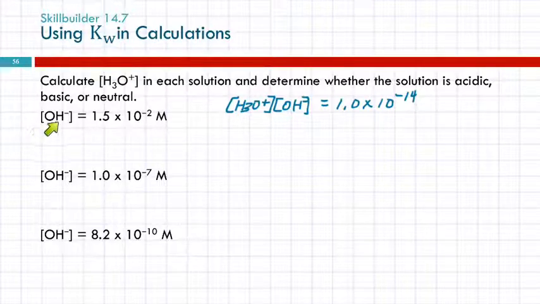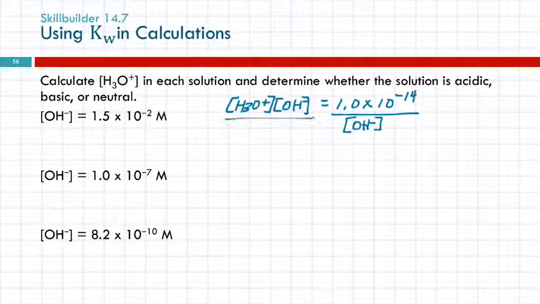So if we know what the hydroxide ion concentration is, then we can calculate the hydronium ion concentration. So we rearrange this equation. I'm going to divide both sides by the hydroxide ion concentration. Those cancel out.